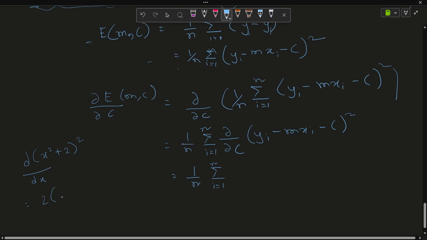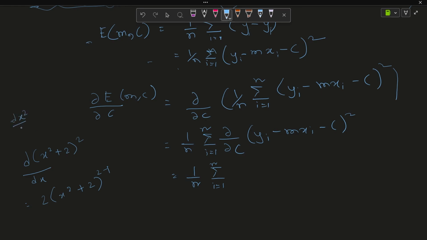This is 2 x square, plus 2 minus 1, because as you already know, d of x to the power n by dx is n x to the power n minus 1. All right. So you do it like this, and then you have to find the derivative of the inside portion, that is x square. Like this we get it.